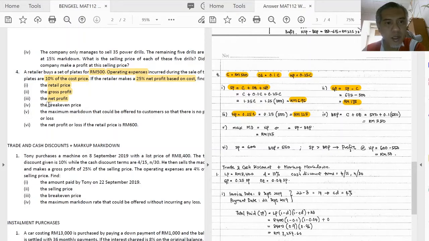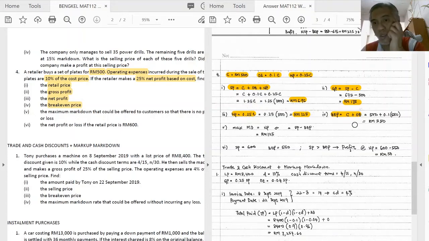The fourth one is to find the break-even price. Here the break-even price can be found by using the formula BEP equals C plus OE. Since you already have the value of C and the value of OE, you can get the break-even price.